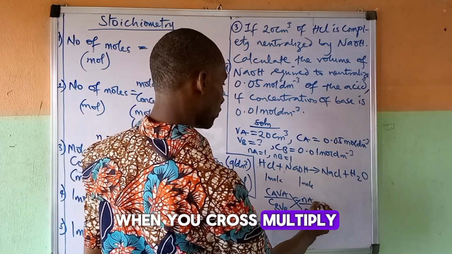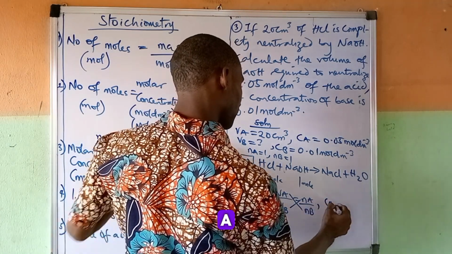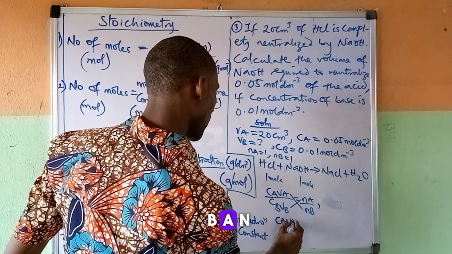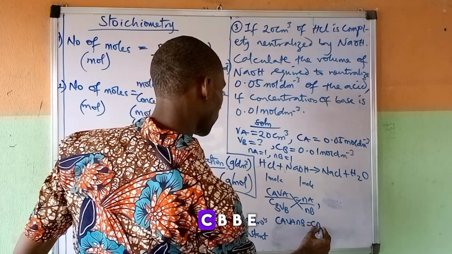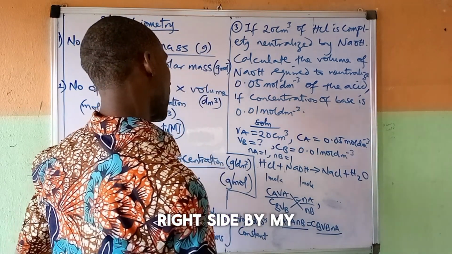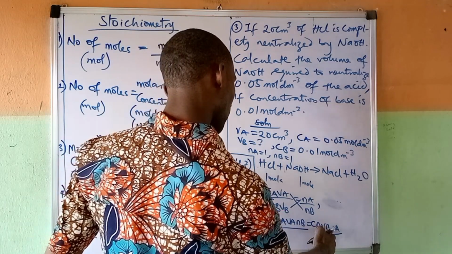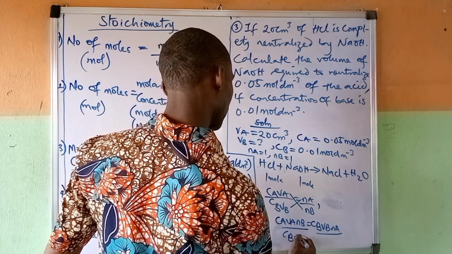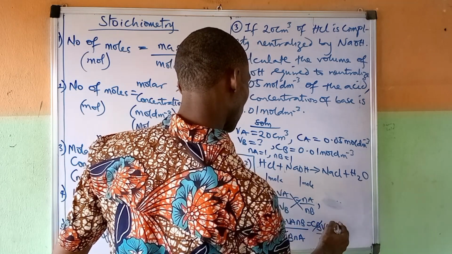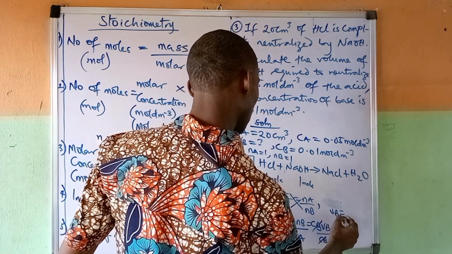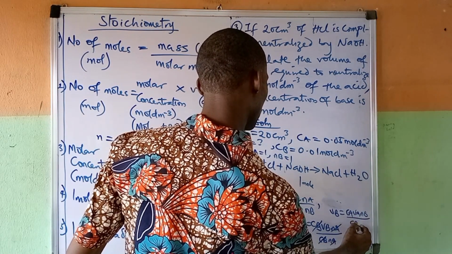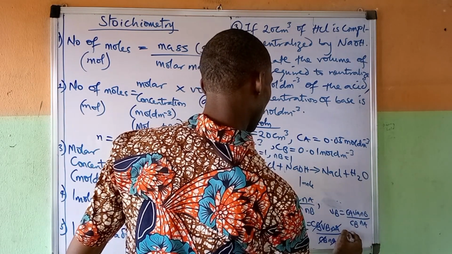When you cross multiply, you have CAVANB equals CBVBNA, and you divide both sides by the coefficient of VB, that is CBNA. So our VB will be CAVANB over CBNA.